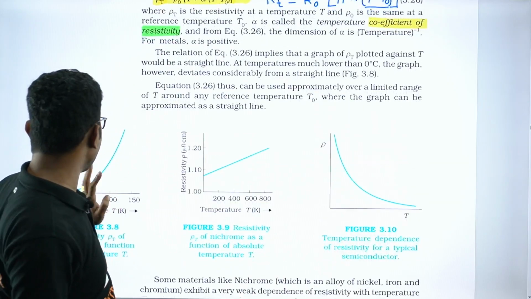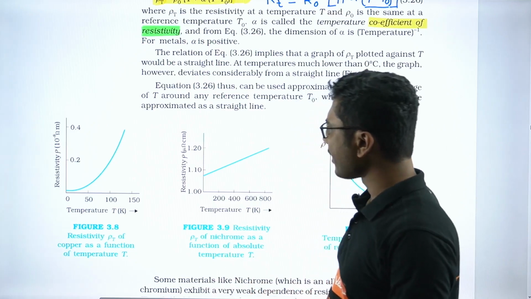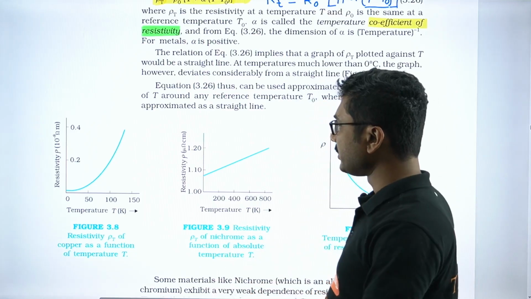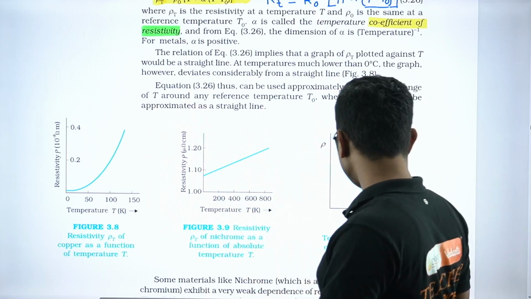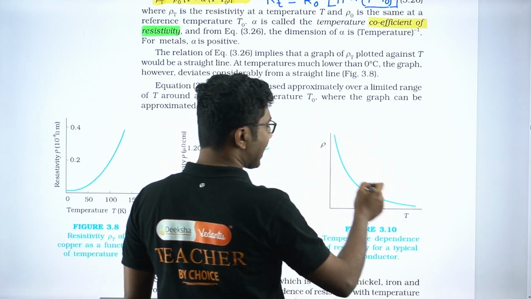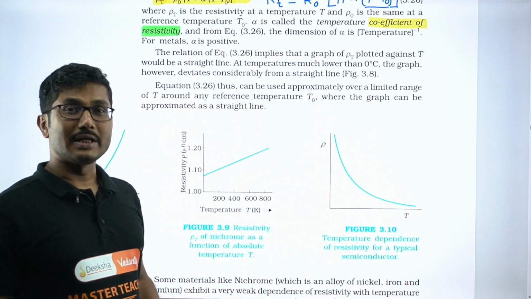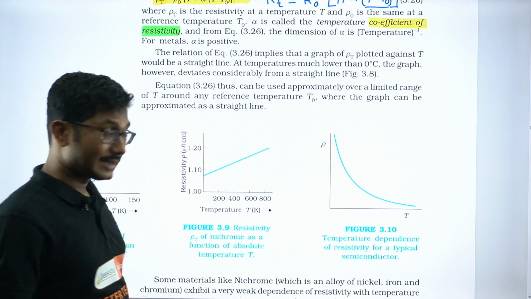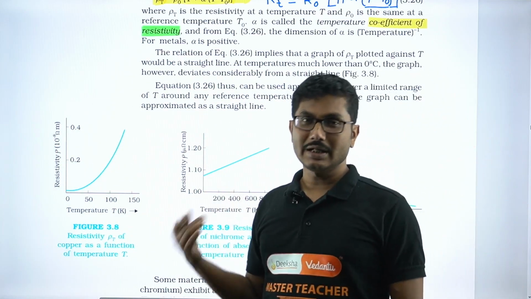There are a few temperature graphs given. I have seen one question based on these graphs. Resistivity of copper as a function of temperature T, and temperature dependence of resistivity of a typical semiconductor. For a semiconductor, as you increase the temperature, its resistivity decreases. This is one example where the resistivity decreases as you increase the temperature.